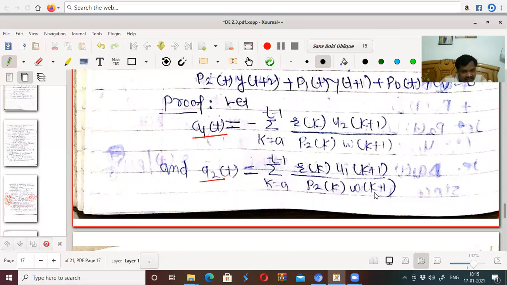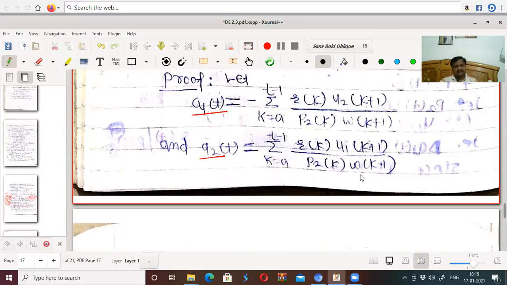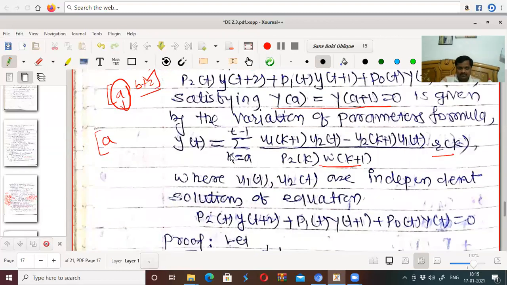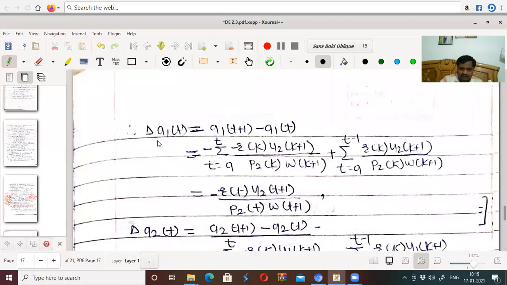No doubt this small w is the Casoratian at k plus 1. So a1(t) is here, a2(t) is here. Now delta a1(t), which you have obtained, is a1(t plus 1) minus a1(t). Again you are finding the same thing which is already there.